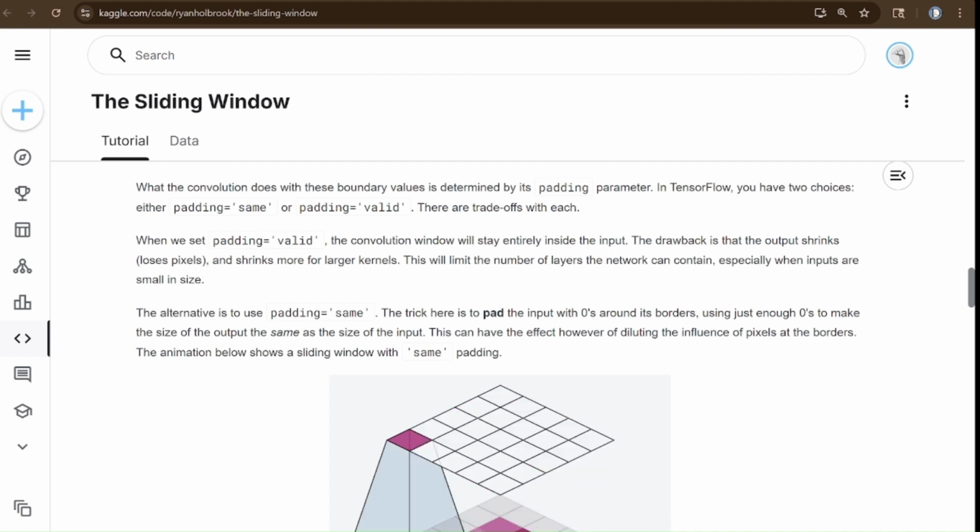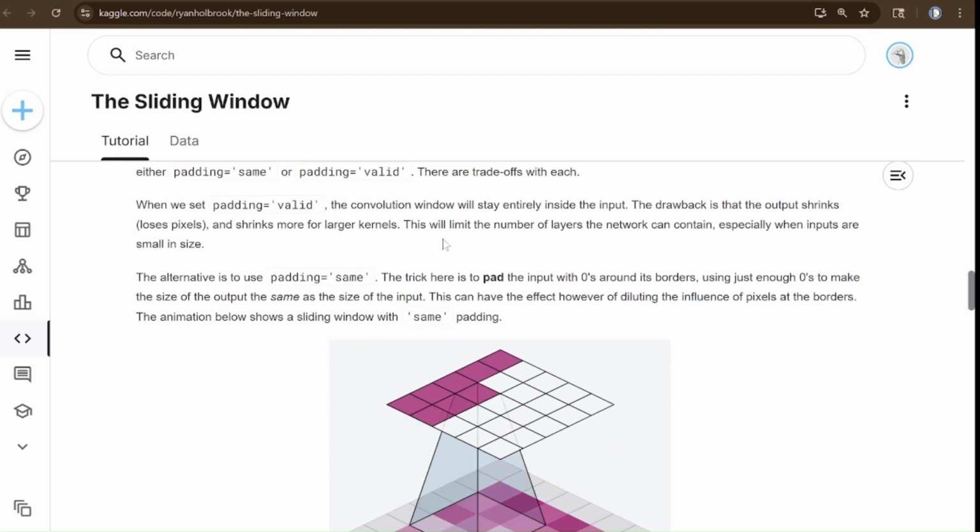When we set padding equal to valid, the convolution window will stay entirely inside the input. So the drawback is that output shrinks because here you are not actually doing any padding. Okay, so that means you are actually shrinking the output, and shrinks more for larger kernels. This will limit the number of layers the network can contain, because if you shrink every time, then your number of layers also have to be reduced.